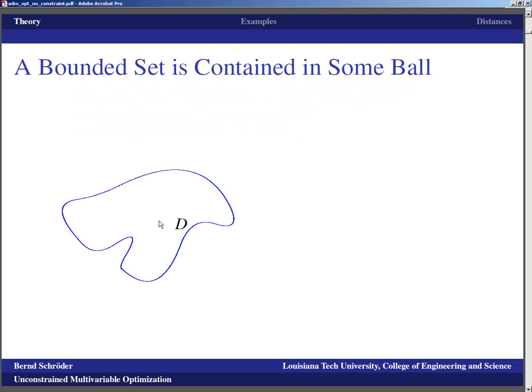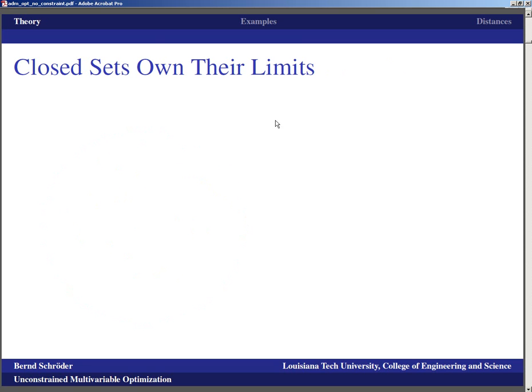So basically, if we're looking at this set D here, then we can see that if we find ourselves a center point, we can draw a circle around that center point of a certain radius, and that is then a ball or a disk in this case. And basically any set for which we can do that, any set that is contained in some ball in 3 or higher dimensions, or inside a disk in 2 dimensions, that is what we call a bounded set.